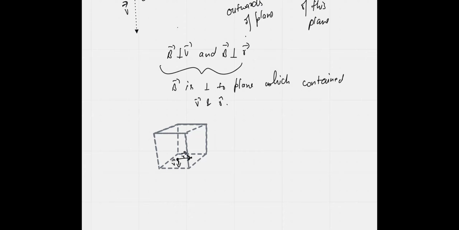So when I say the magnetic field will be in the third plane, your velocity will be in the upper plane, pointing in this direction. The magnetic field is lying in the vertical plane, whereas the velocity and the radius vector were present in this particular plane. Is the plane thing clear now?